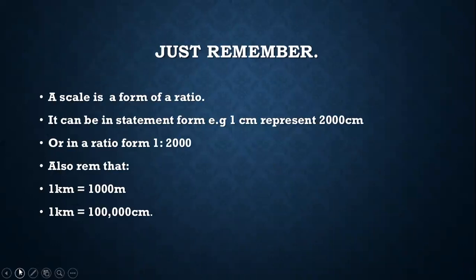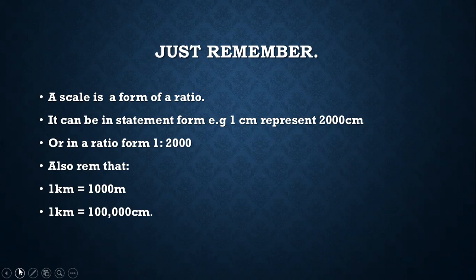Remember, what is a scale? A scale is a form of a ratio. A scale can be written in two ways. They can use a statement form. When you're doing scale drawing, sometimes they use a statement to show the scale that has been used.